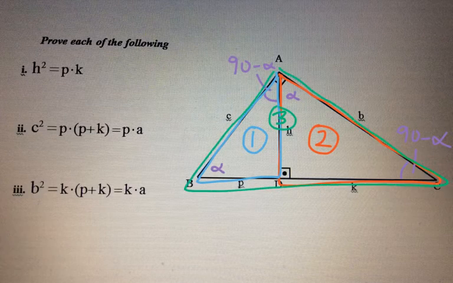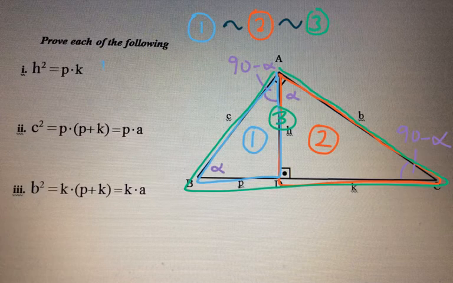So all of these triangles are similar because they have the same angles. Let's quickly abbreviate this: triangle 1 is similar to triangle 2, which is similar to triangle 3. So any combination of these are similar, and these results come from the ratios of that similarity.